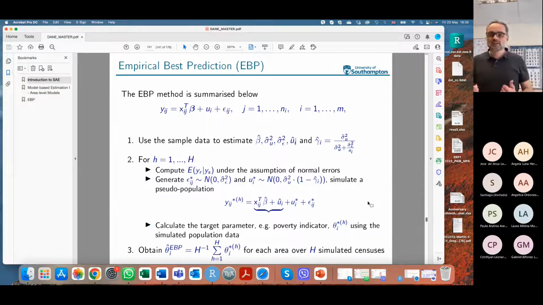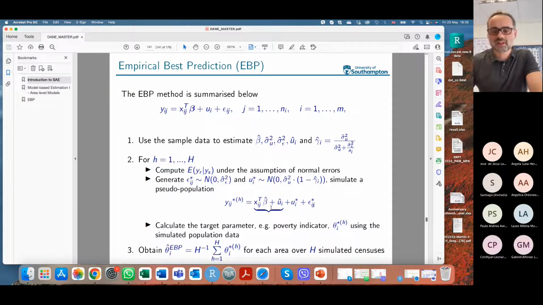So if I know epsilon_ij star and I know u_i star, what I can do is simulate a synthetic value of income, y_ij star, as h_ij beta hat plus u hat_i, where u hat_i is the random effect that I predicted with my original sample, my household survey, plus u_i star plus epsilon_ij star.